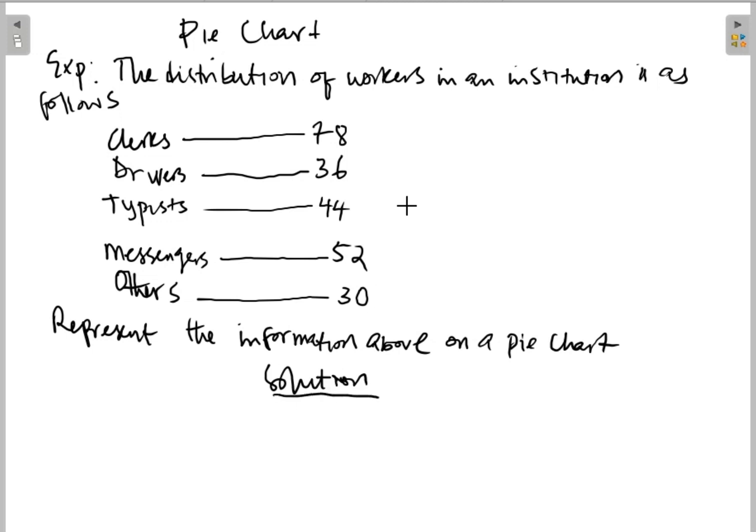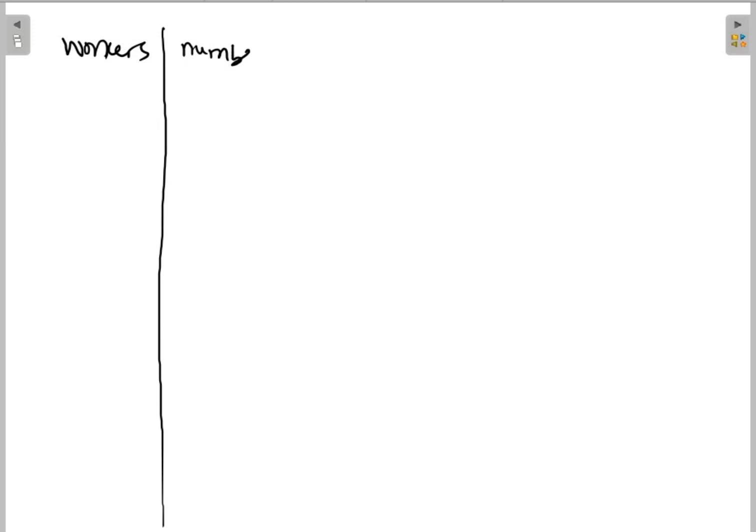Now, we have to prepare a table of values to include all this data. You write workers, their number, then sectoral angle.